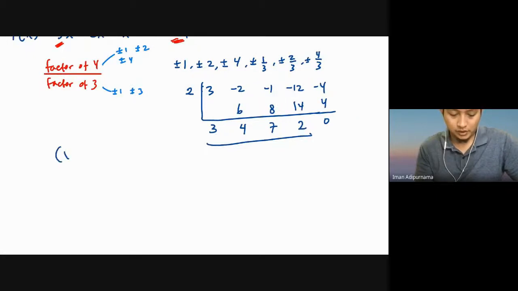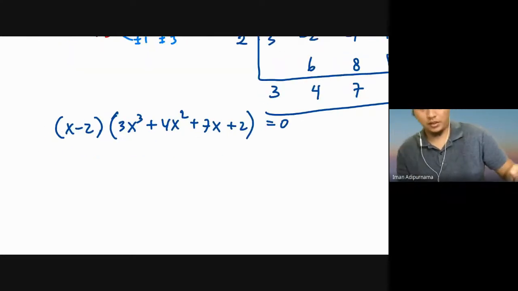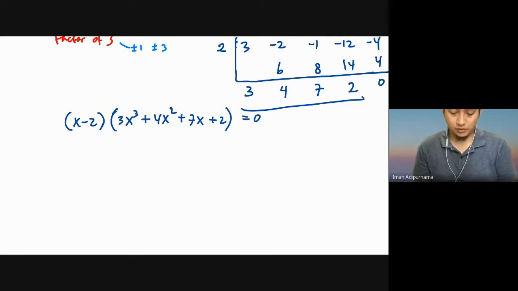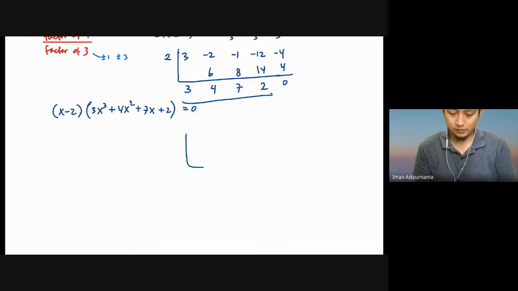So we will have x minus 2, and then we have 3x cubed plus 4x squared plus 7x plus 2. Okay, let's say this should be equal to 0. Can we try to divide this? Okay, try again. Try to find the 3, 4, 7, and 2.